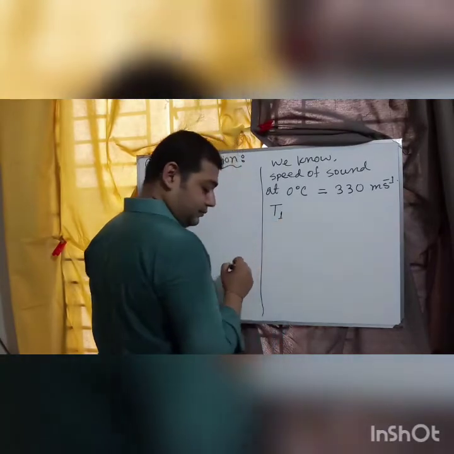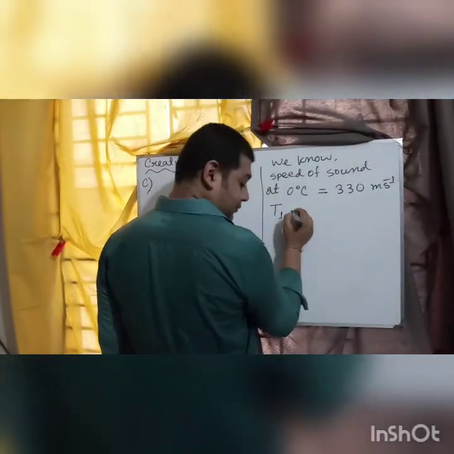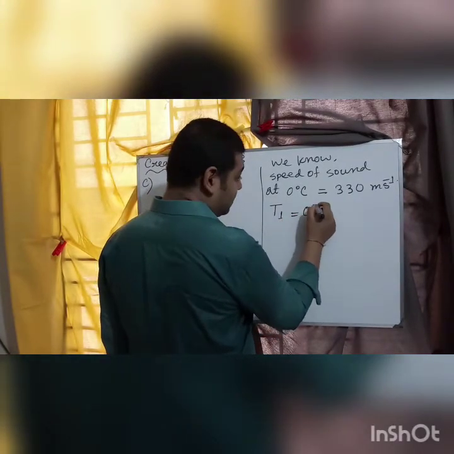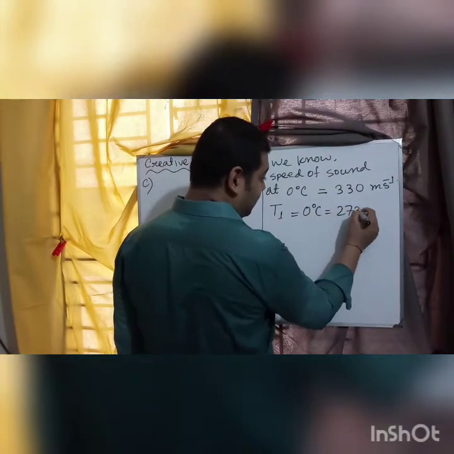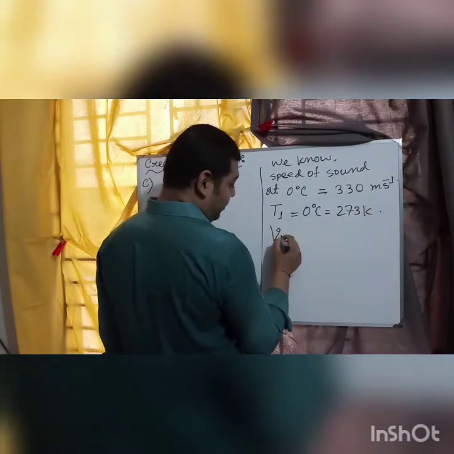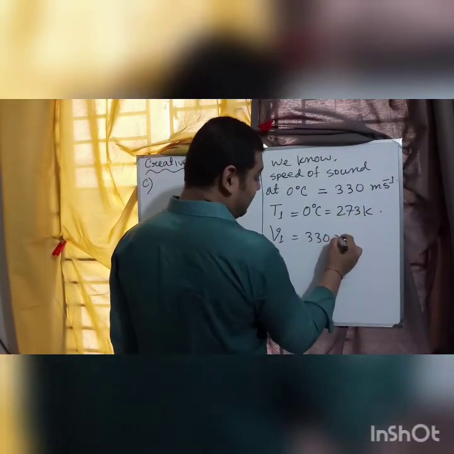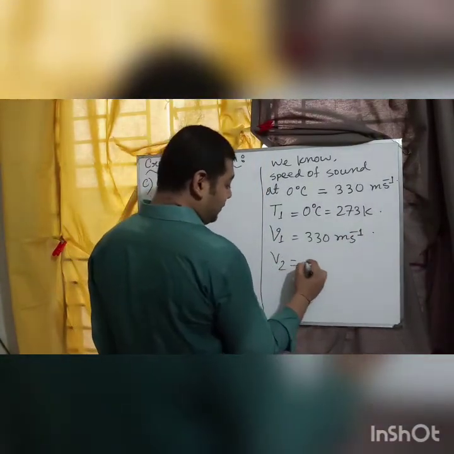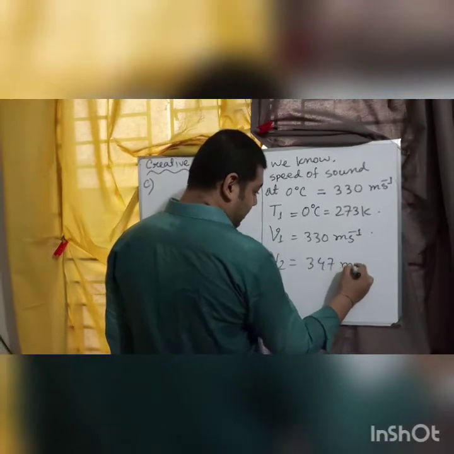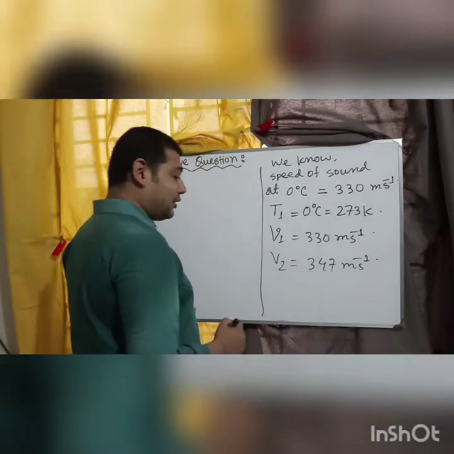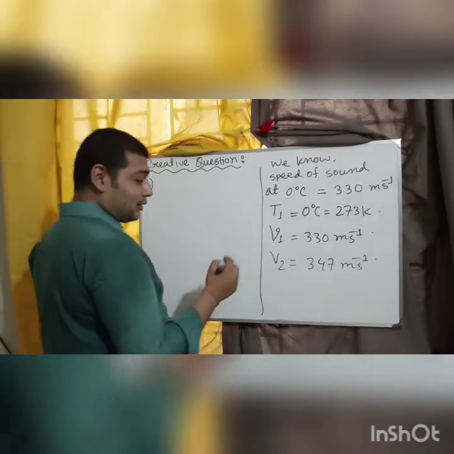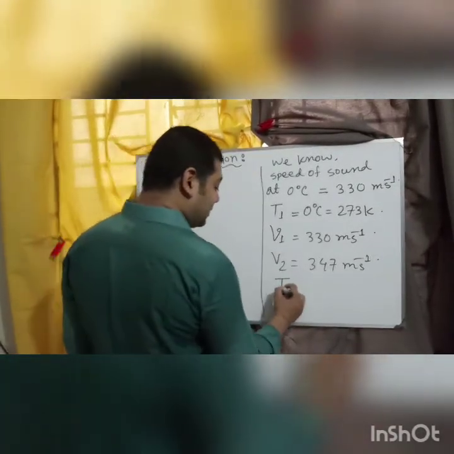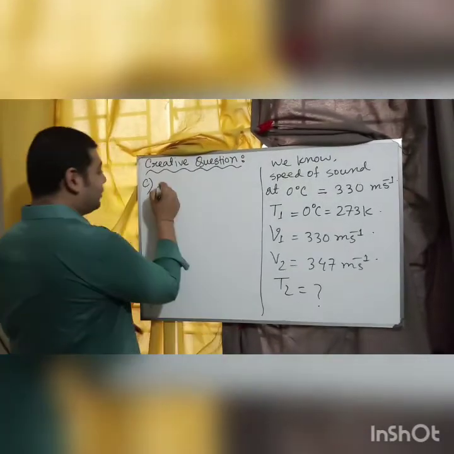So here T1 is equal to 0 degrees Celsius or 273 Kelvin, and V1 is 330 meter per second. And we have been given V2 equal to 347 meter per second, the velocity of air at a certain temperature, and we need to determine this certain temperature, T2 equal to what?